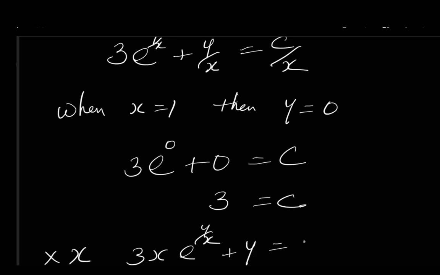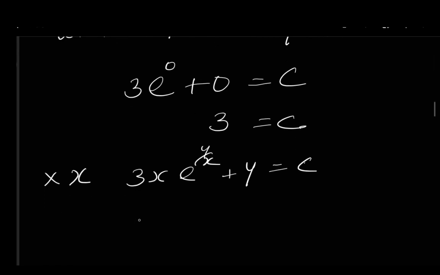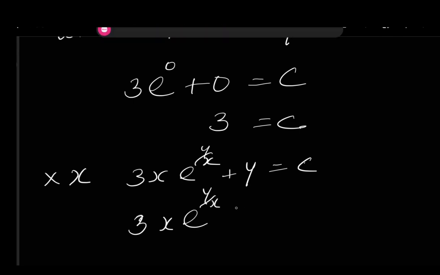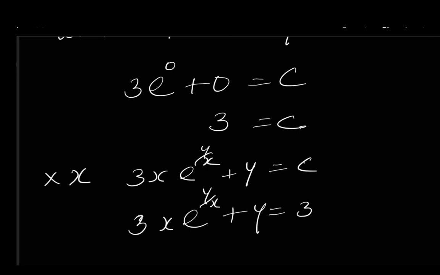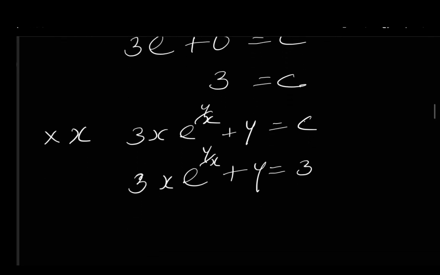Into x means just you will get c. But c we got as 3. So 3x e power y by x plus y is equal to 3.